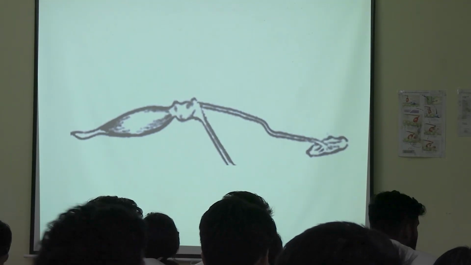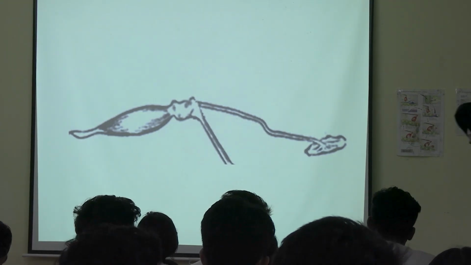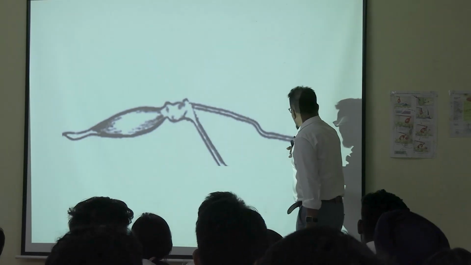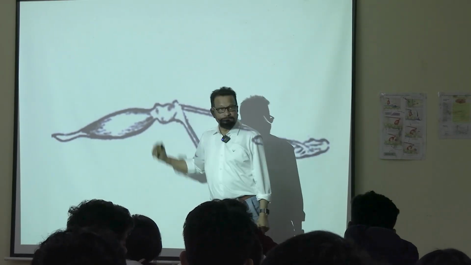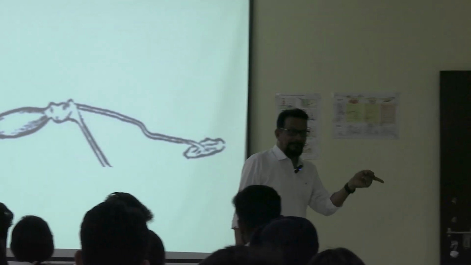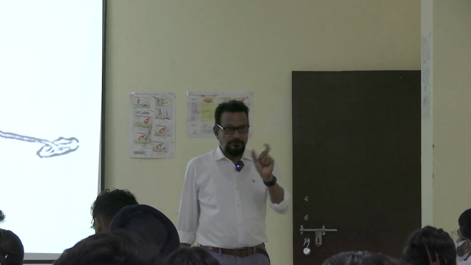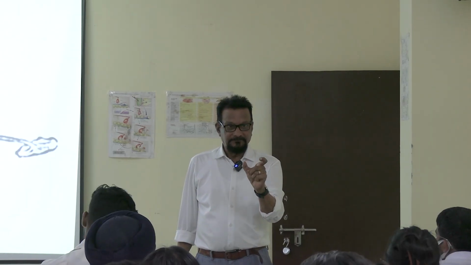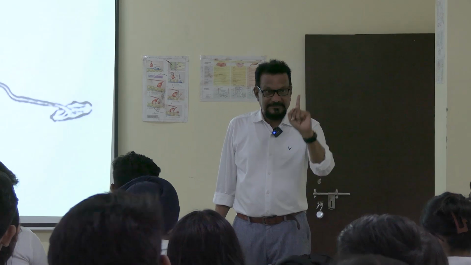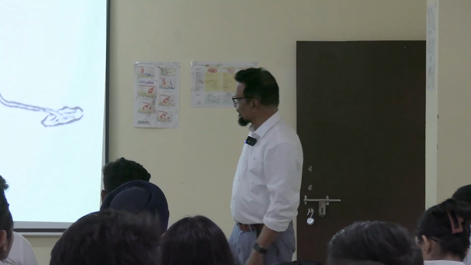Definitely some time will be required for the impulse to travel from here to here, and after that it will contract. So this is the traveling time, the conduction time in the nerve. First is conduction time.